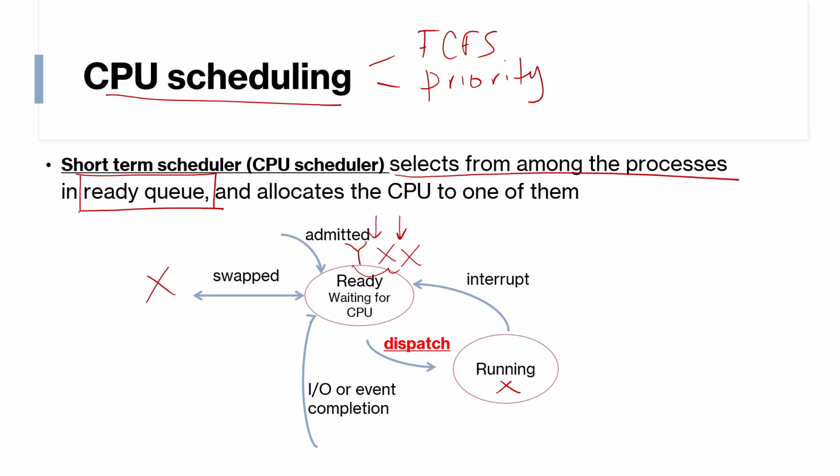Also, you have processes that go out for events. So you have a process that was out for an event and it comes back into the ready queue. Now your CPU scheduler is working again to decide where this one that just came in from an event is going to go in the ready queue. So this CPU scheduler is working all the time. You have processes getting admitted into the system, processes getting interrupted, processes coming from events, processes getting swapped in and out.